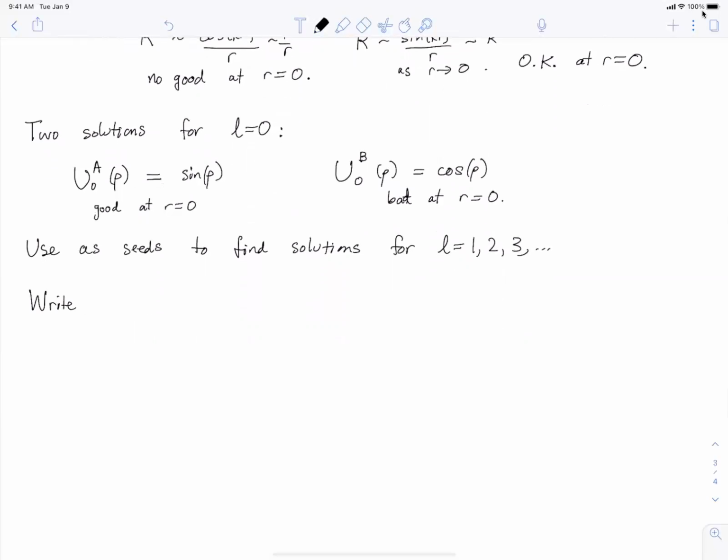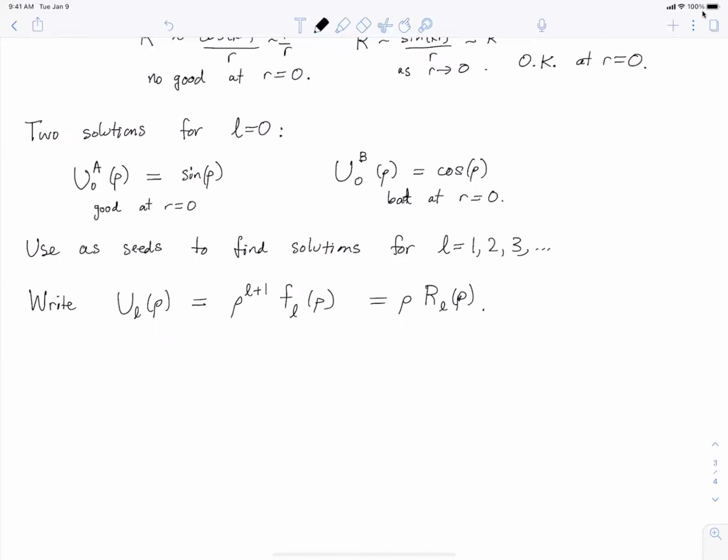And so what we're going to do is we're going to write UL of rho is equal to rho to the L plus 1 power times another function that I'm going to call f. So FL of rho. Notice that means this is equal to rho times the original wave function if I write it as a function of rho.